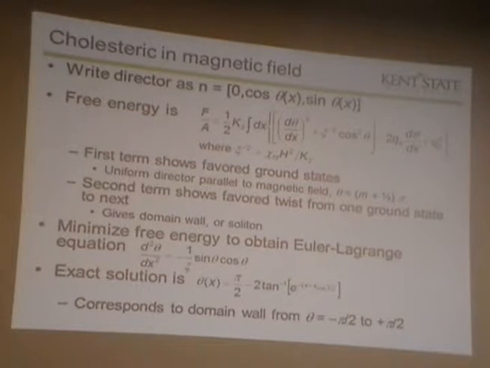And there's an exact solution for the shape of theta of x when there's just a single one of these domain walls. The shape of that is an inverse tangent kind of shape.